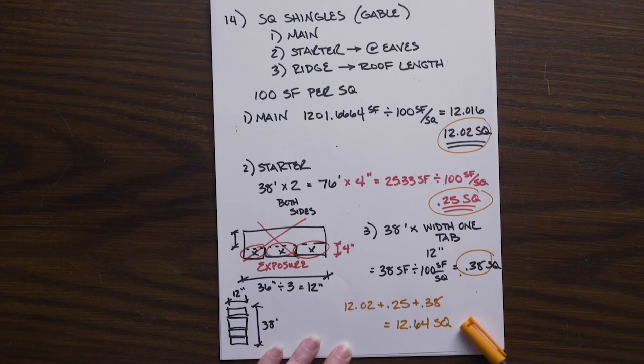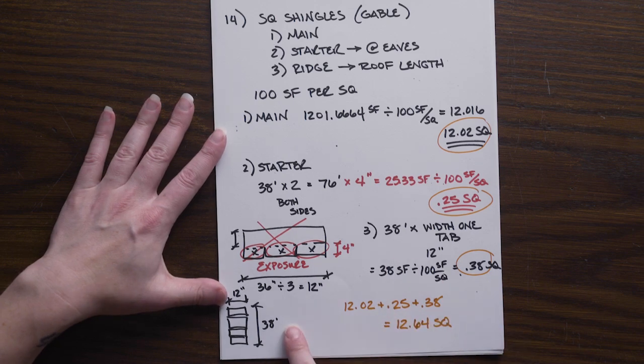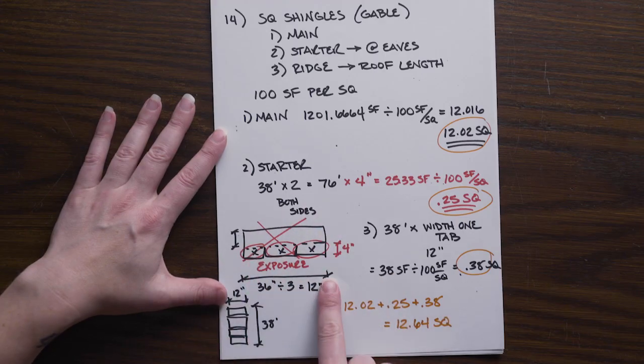With 3 bundles per square, we can figure out how many bundles we need to purchase as well if needed at this point. But going back again, it does get very confusing, so refer back to the calculations as well as the PowerPoint. It gives better diagrams that show where these numbers are.